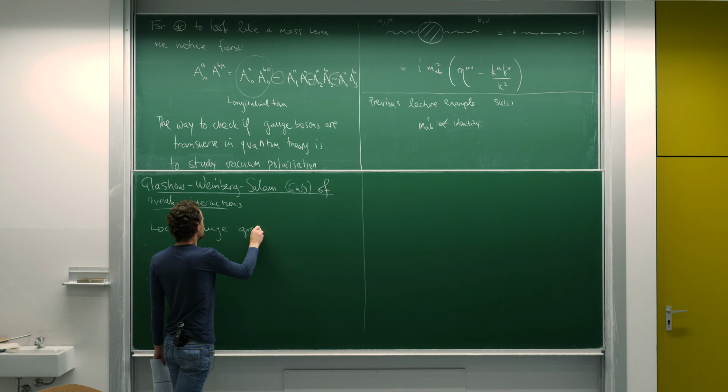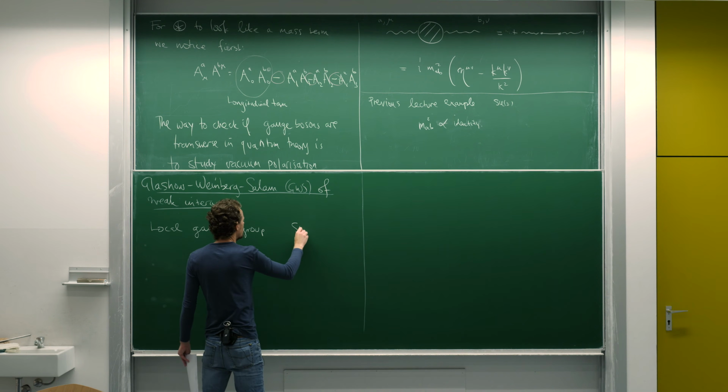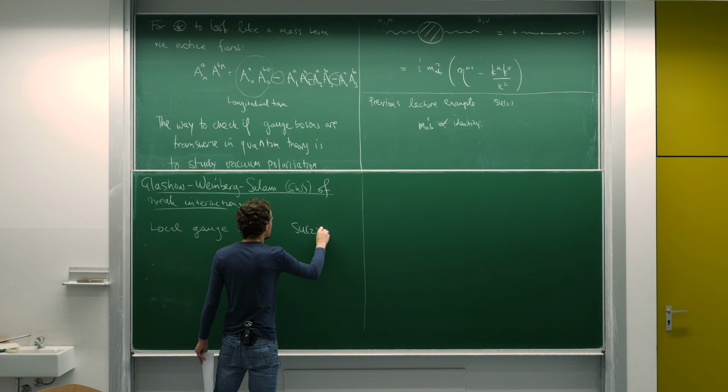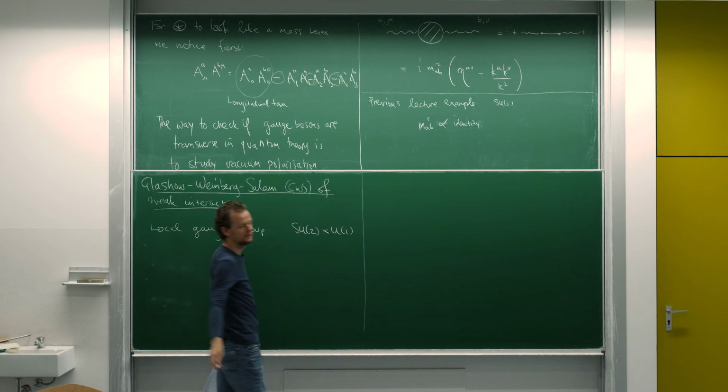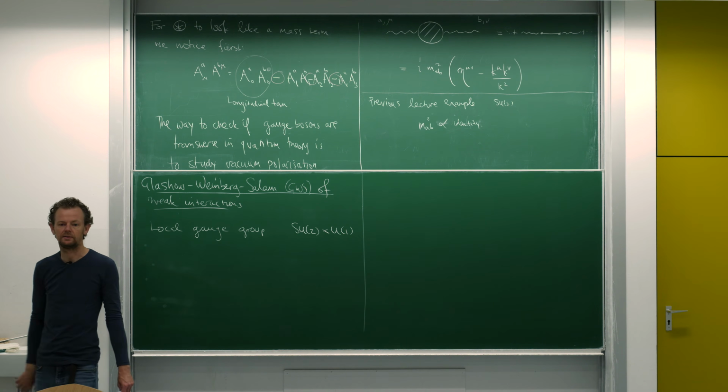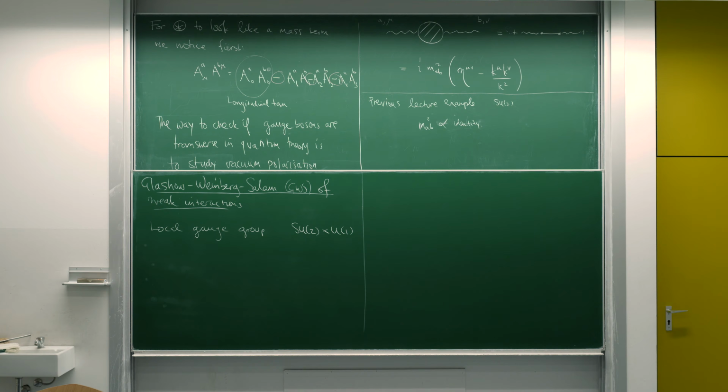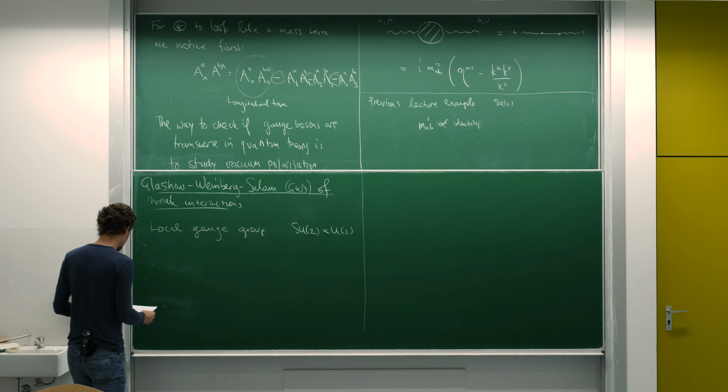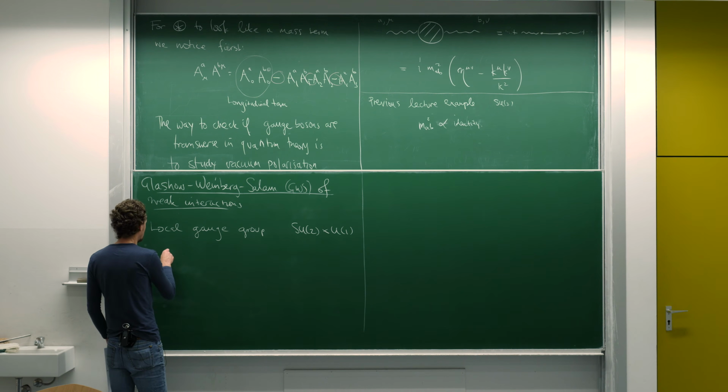Here, the local gauge group is now SU2 cross U1. This is part of the standard model for elementary interactions. And how does it act on our boson field?